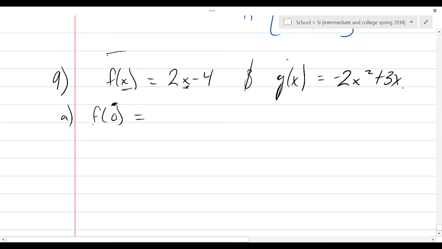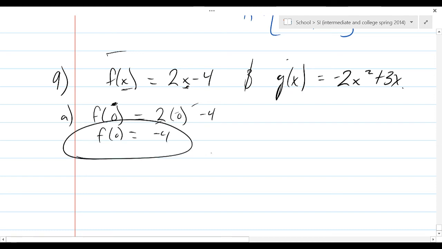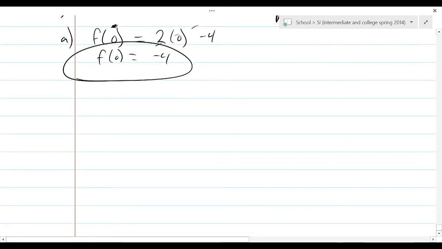You're right, whoever is listening and talking out loud. 2 times 0 minus 4. So what is 2 times 0? Well, that's 0. So the answer is f of 0 equals -4. It's that easy. We're going to power through these ones.